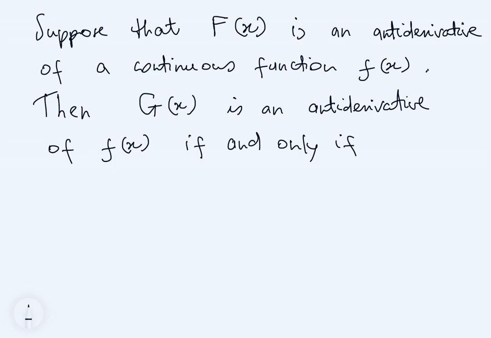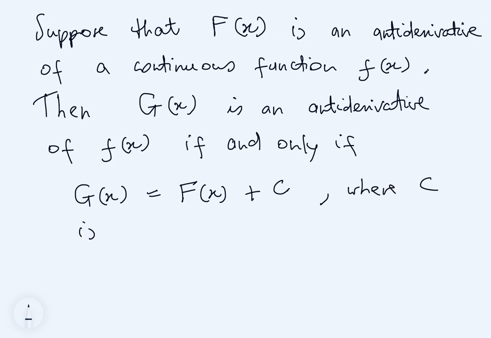So we have that G of x is an antiderivative of f of x if and only if G of x is equal to big letter F of x plus a constant C, where C is a constant.